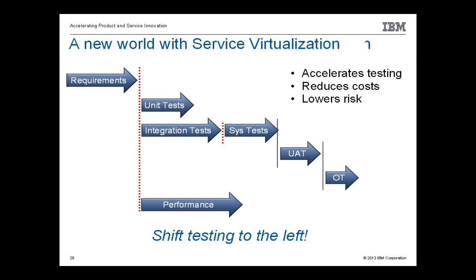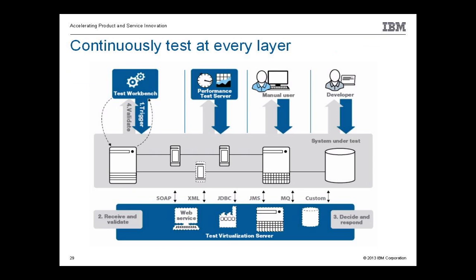So I talked a little bit about this as testing at every layer. From the IBM Rational Solutions, we've got Rational Test Workbench that gives integration, functional, and performance testing. And we've got Rational Test Virtualization Server, which is the server-side deployment where we can implement or instantiate these virtual components to share them across the environment.